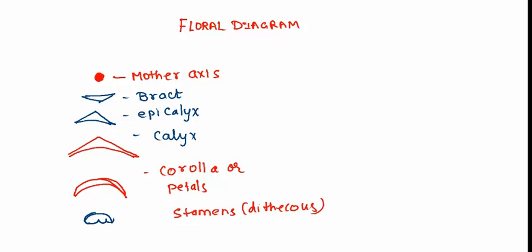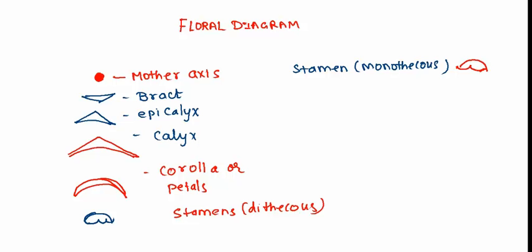If stamen is monothecous, then the floral diagram is represented by this structure. This indicates the monothecous condition.